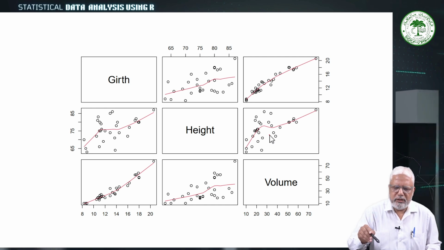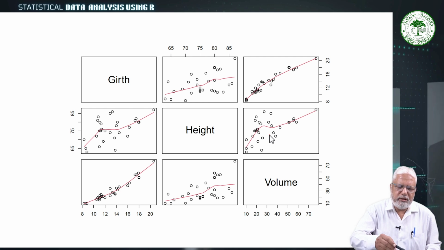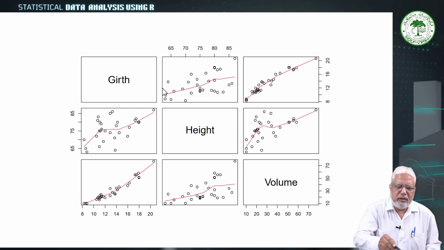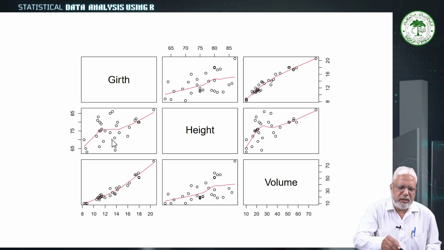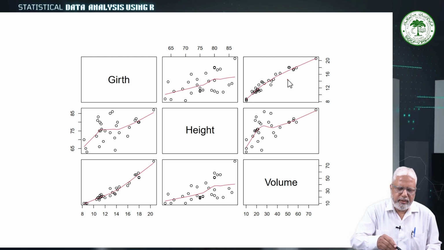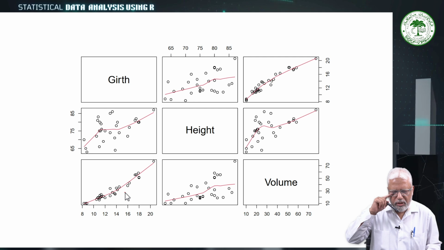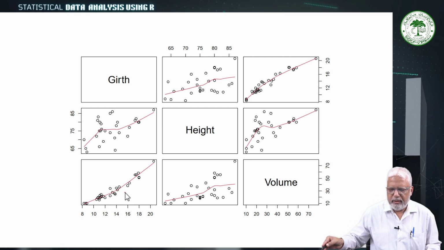And since it is a scatter plot matrix, it is a kind of symmetric matrix. So that's why A12 is nothing but A21. Similarly, A13 is nothing but A31. So similarly, you can have the graph like this.